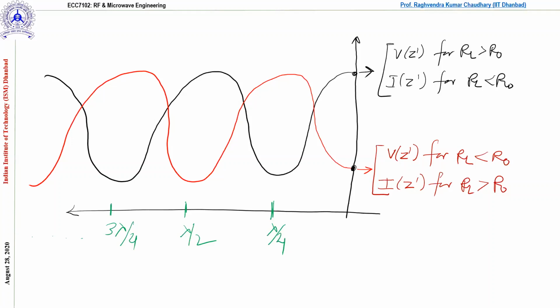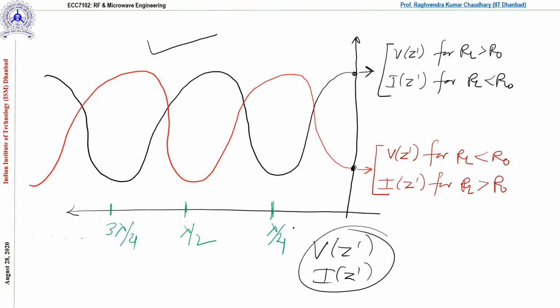But there is a work for you, correct? Now the same kind of standing wave pattern, you need to find out when your line is terminated with short circuit or open circuit, correct? So you can utilize Vz dash and Iz dash and the conditions of maxima and minima, and you can explain how Vz dash and Iz dash will be on the transmission line when you have terminated it as a short circuit or open circuit, correct?